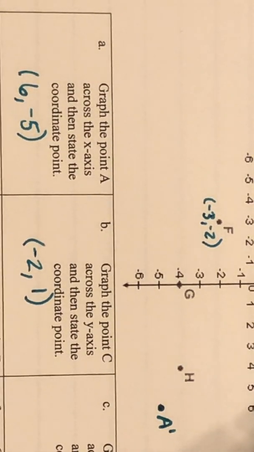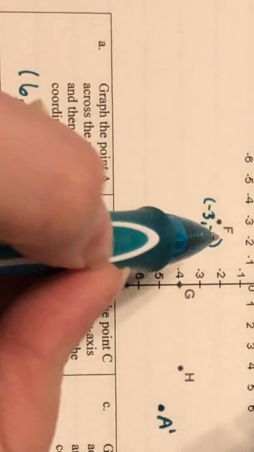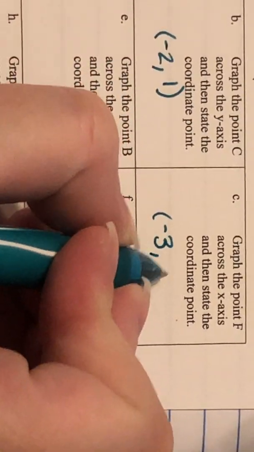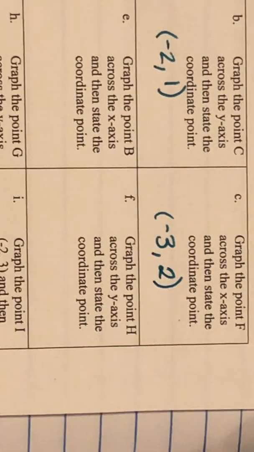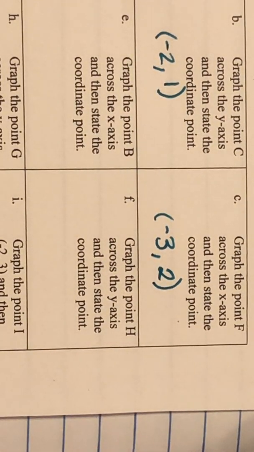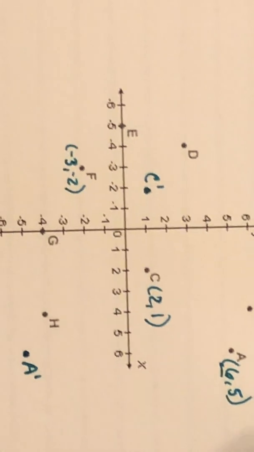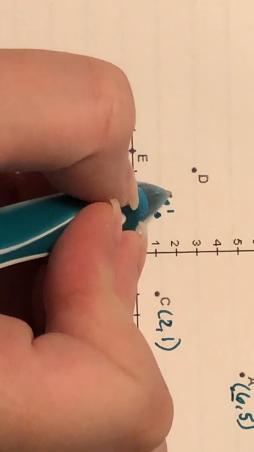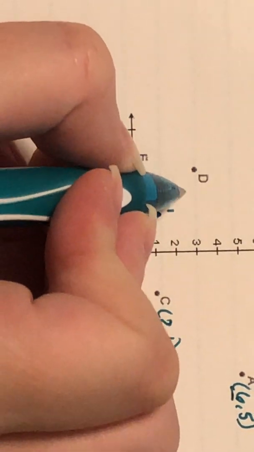I'm graphing across the x-axis, which means my x stays the same and my y changes. So that means my x stays the same. My y changes from -2 to +2. So I'm going to go ahead and graph that point. So that's (-3, 2), and that's F prime.